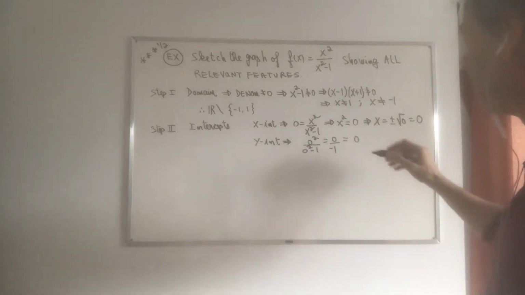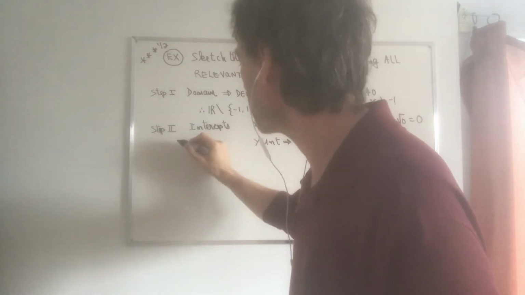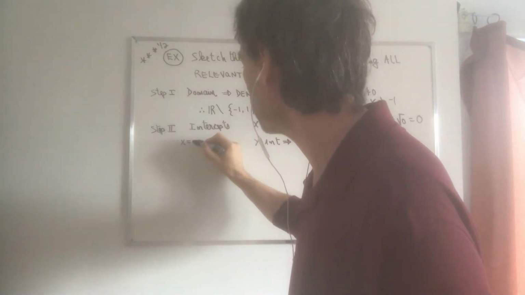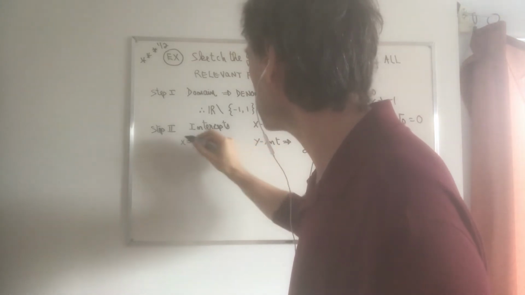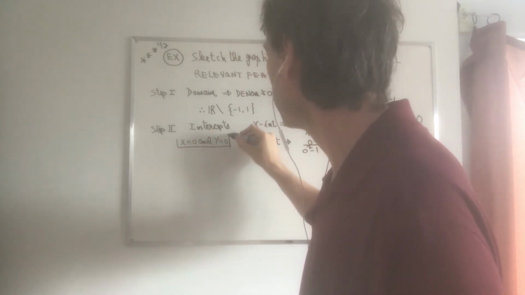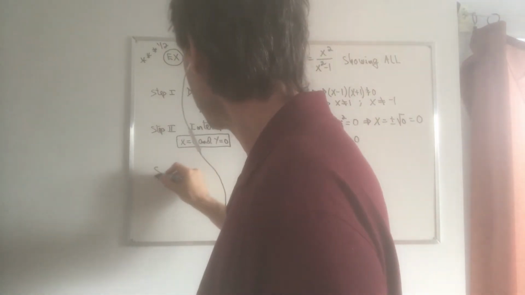So basically the origin is the intercept. So x equals 0 and y equals 0 are the intercepts for this graph. Good? Not too painful so far?